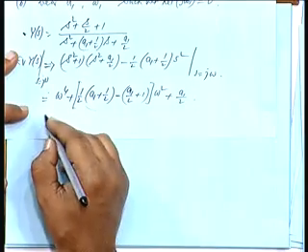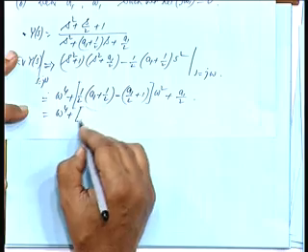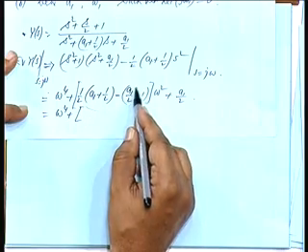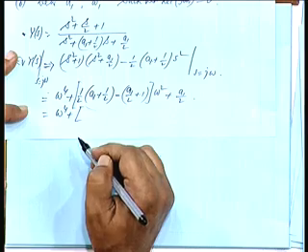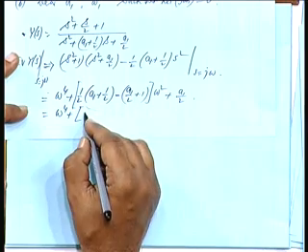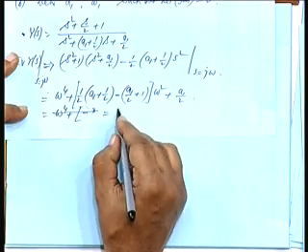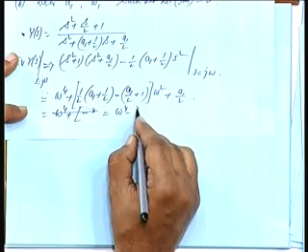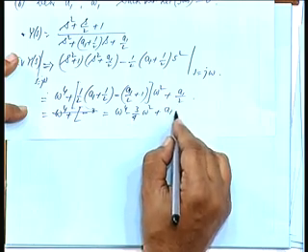So, this is omega to the power 4 plus, if I simplify this, A1 by 2 will get cancelled, and 1/4 and minus 1, so minus 3 by 4. So, omega 4 minus 3 by 4 omega squared plus A1 by 2.